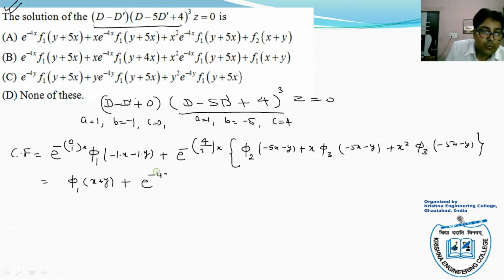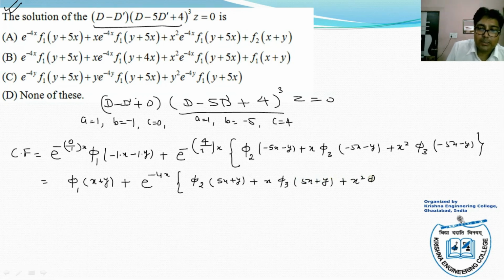So e^(-4x) phi 2(5x + y) plus x phi 3(5x + y) plus x square phi 3(5x + y) plus phi 1.